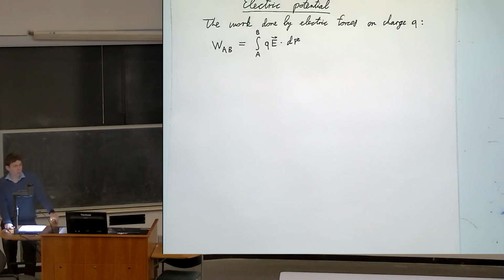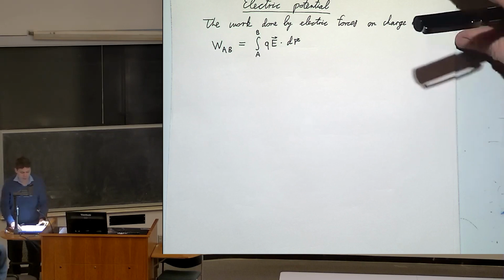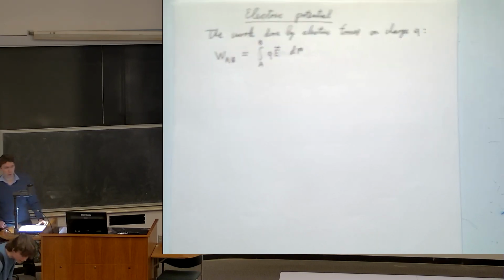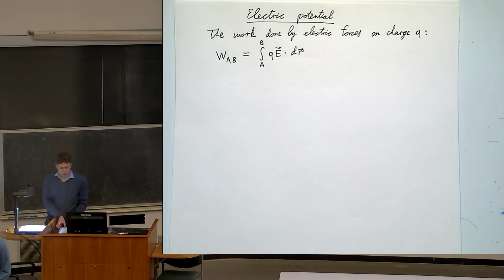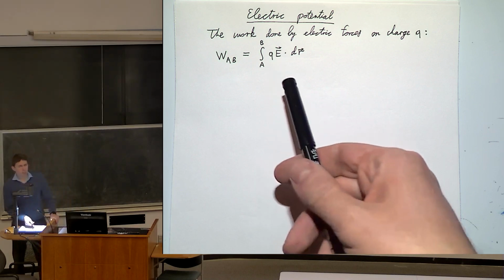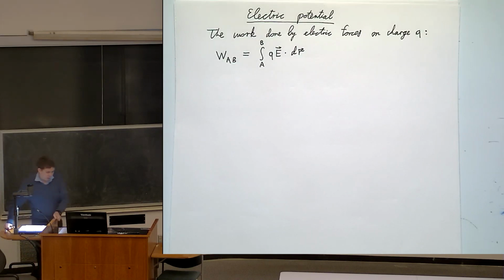And a remarkable thing about it is that it's independent of the details of the path between points A and B. So it depends only on the initial and final locations, but not on the details of the path. And we can see that it's proportional to the charge Q. So let's consider a quantity, which we're going to call potential difference.